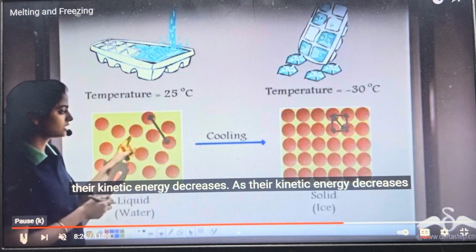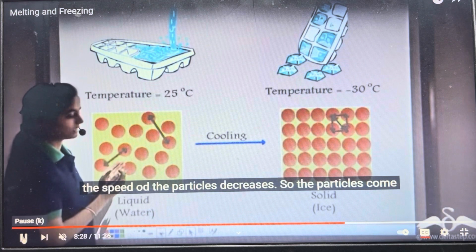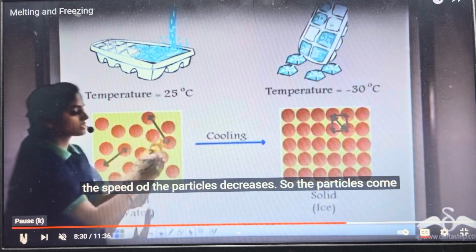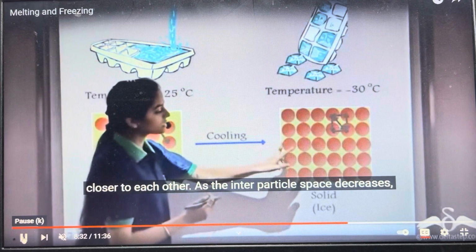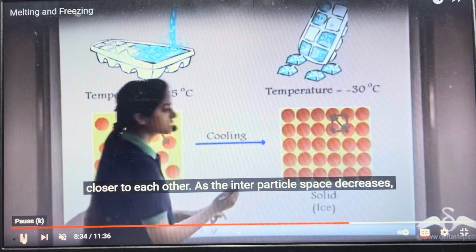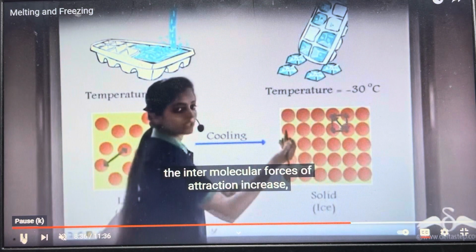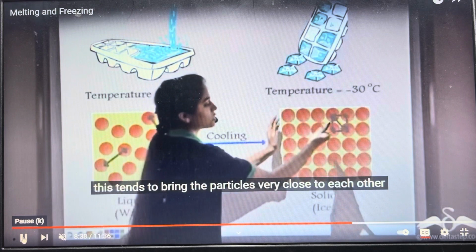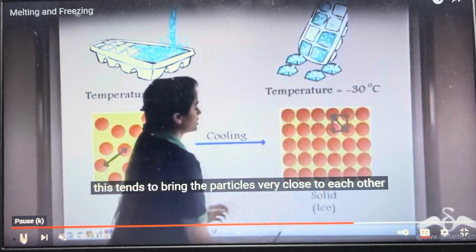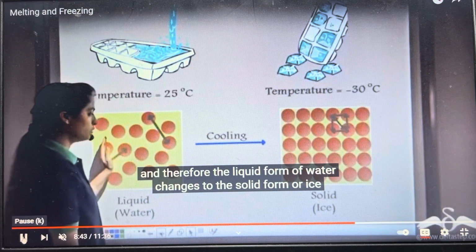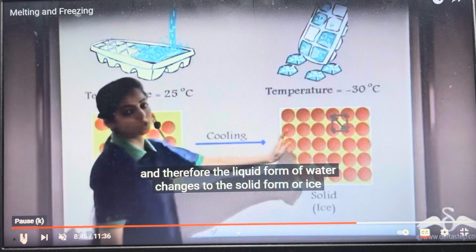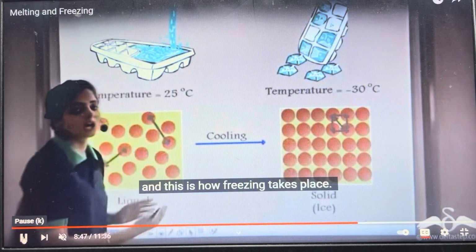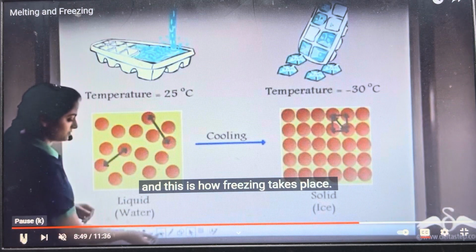As their kinetic energy decreases, the speed of the particles decreases. So the particles come closer to each other. As the interparticle space decreases, the intermolecular forces of attraction increase. This tends to bring the particles very close to each other, and therefore the liquid form of water changes to the solid form, or ice. And this is how freezing takes place.